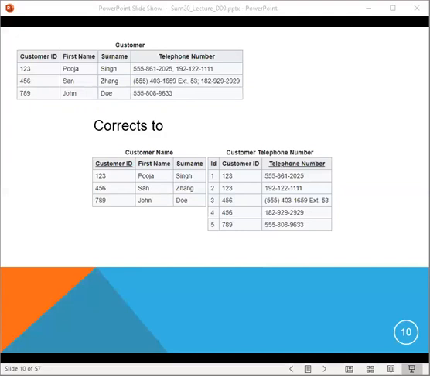So in this particular case, we might take our telephones and put them into a separate table where each telephone number has its own record, rather than having multiple telephone numbers in one field in one record. We have one telephone number in one field, but in multiple records. We carry over the customer ID so that we can do a join or a lookup from customer name to customer telephone number, and we assign a primary key to our new table.